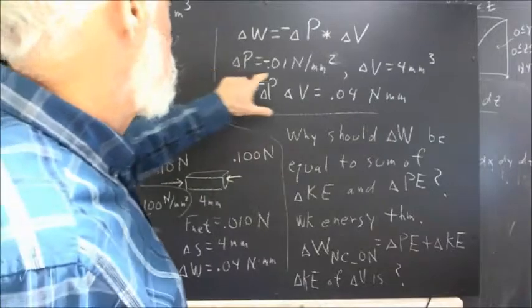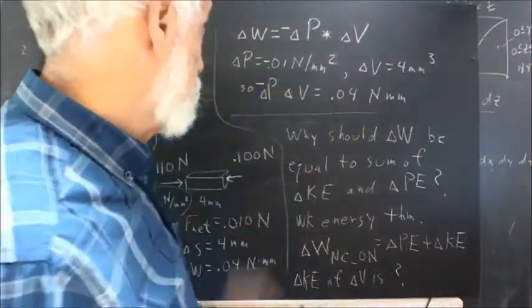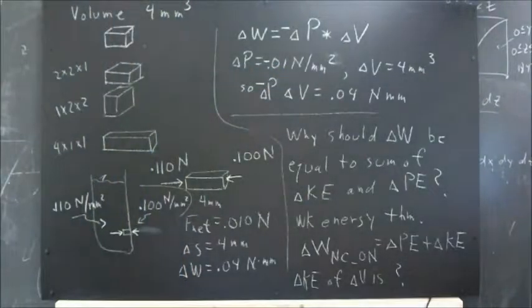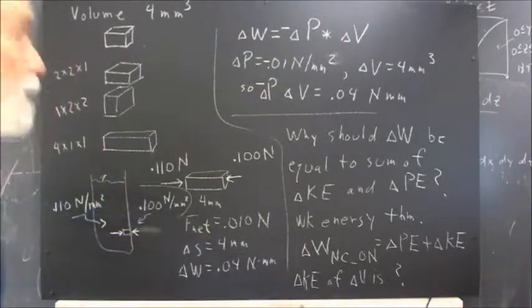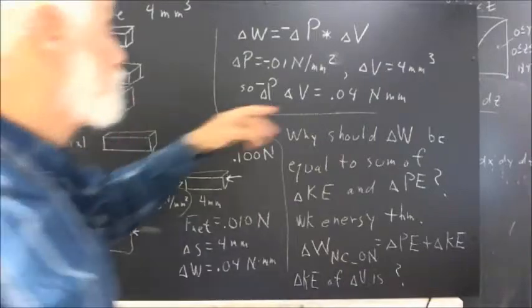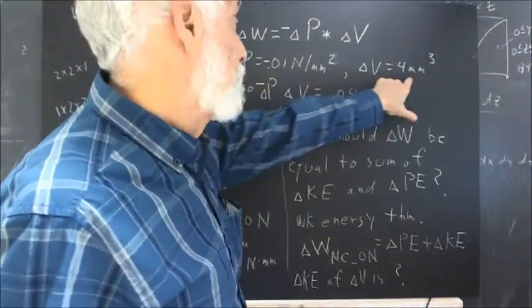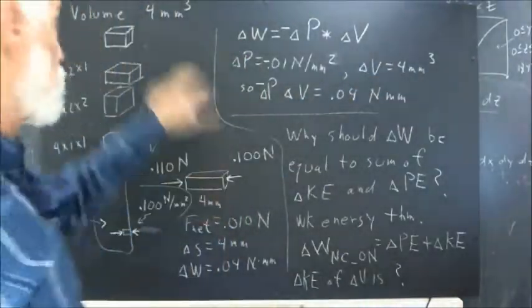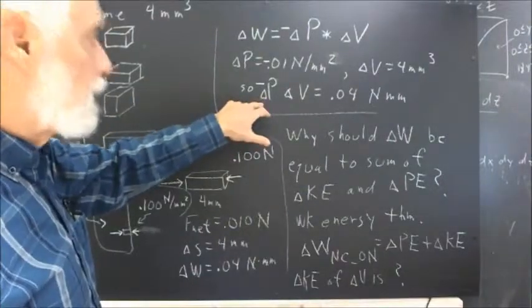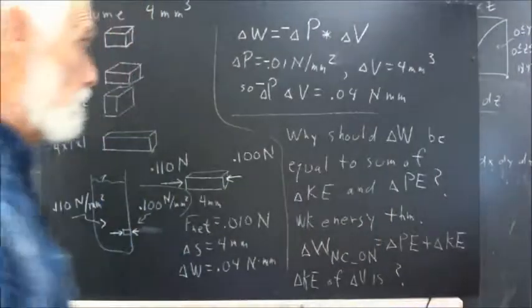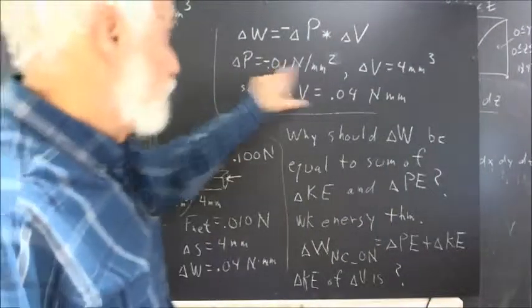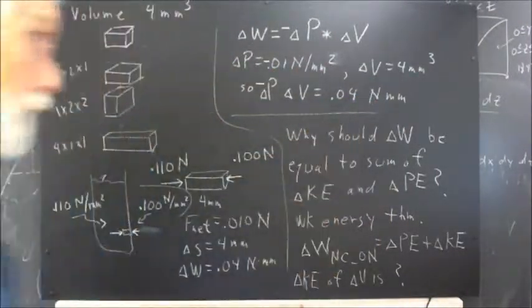I say delta P is negative 0.01 Newton per square millimeter because the pressure is going from higher to lower. The pressure is decreasing in the direction of motion. The volume increment is 4 cubic millimeters, so for this case, the negative delta P times delta V is going to be 0.04 Newton millimeters. Okay, so if we multiply this by this, we get 0.04 Newton millimeters.